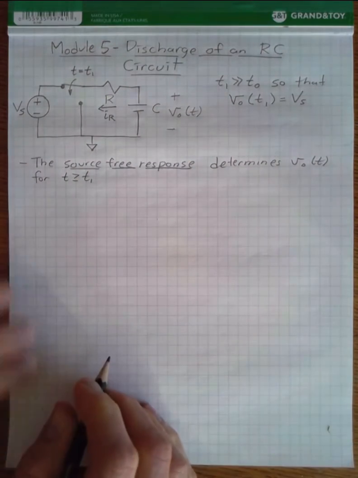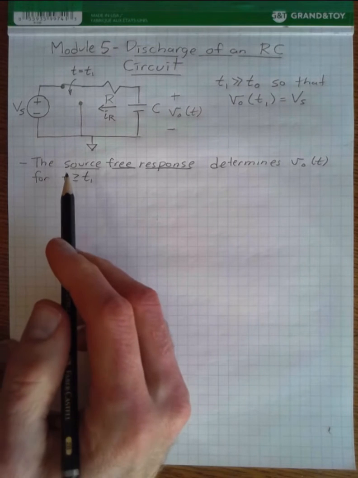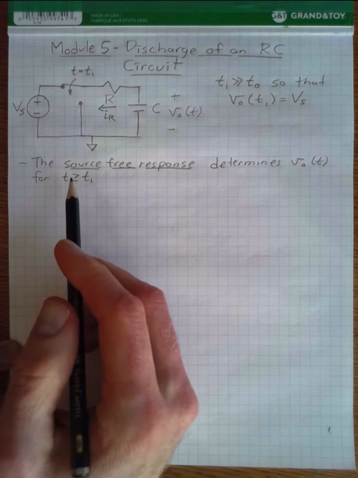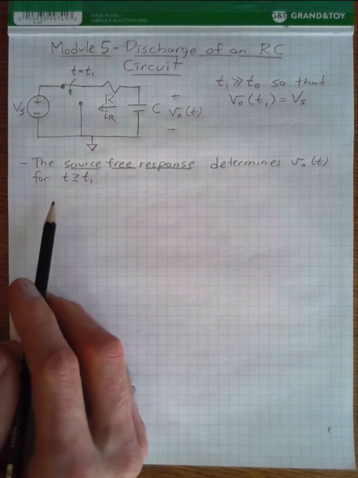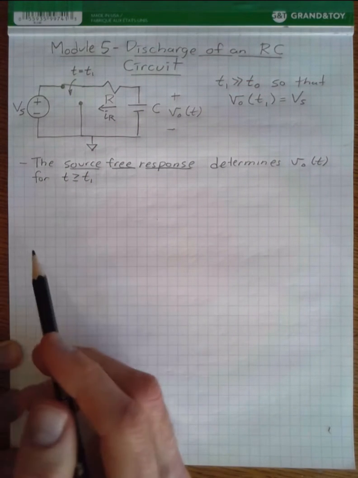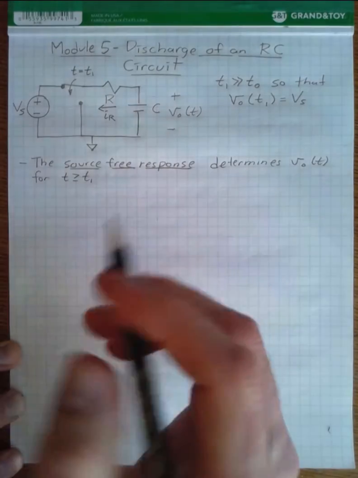Again, where t1 is where we switch out our source. And so, similar to how we approached the step response, we're going to determine the differential equation that governs the source-free response, and we're going to solve it to get the solution for V0 of t.